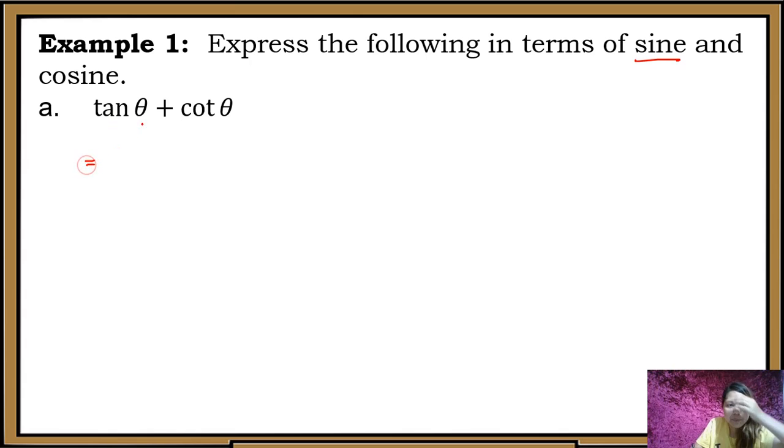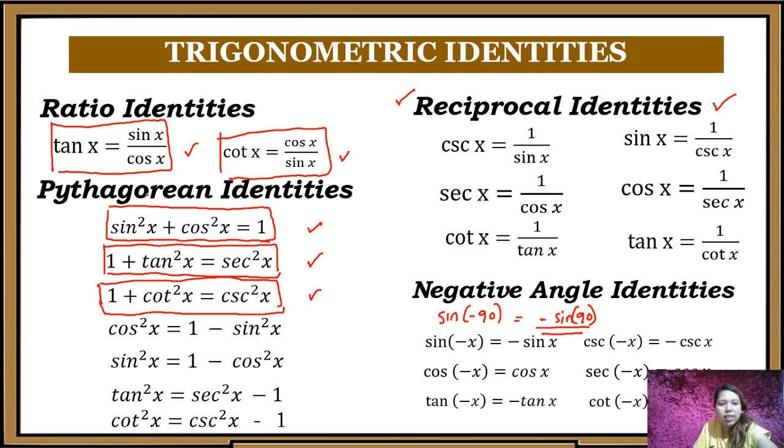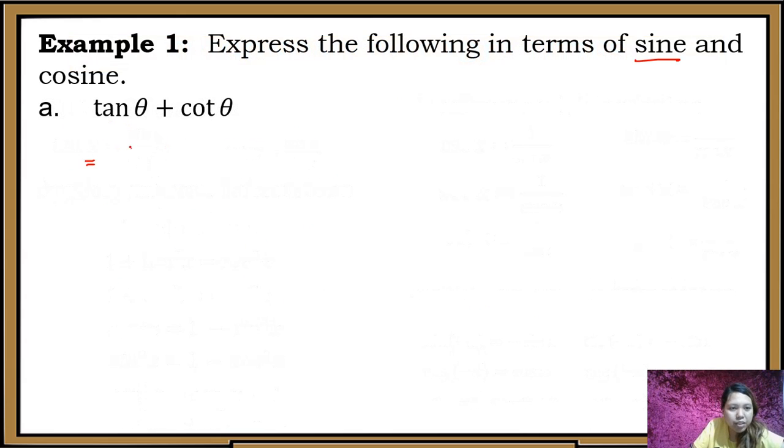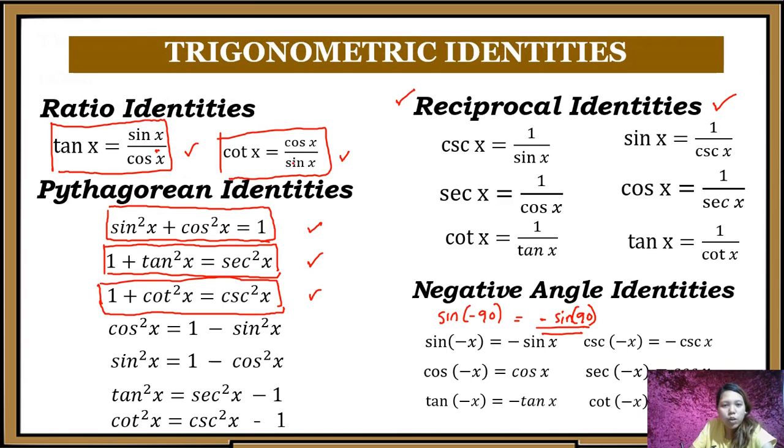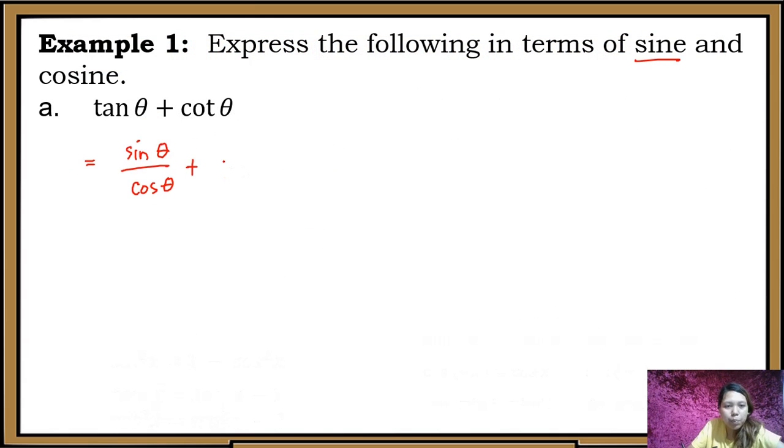Take note that tangent theta is sine over cos. So we have here sine theta over cos theta plus cotangent. Cotangent is cos over sine. So plus cos theta over sine theta.